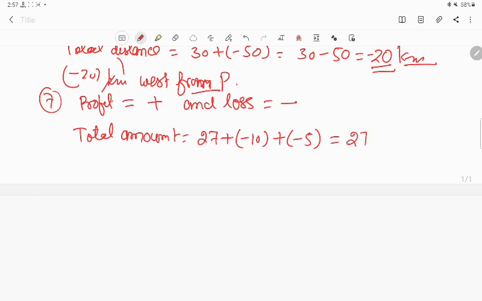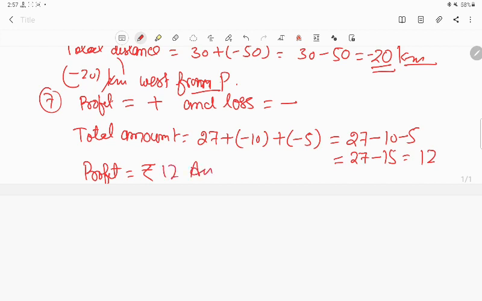Total is 27 minus 10 minus 5, which is 27 minus 15, equal to 12. Profit is positive, so the profit is 12 rupees.